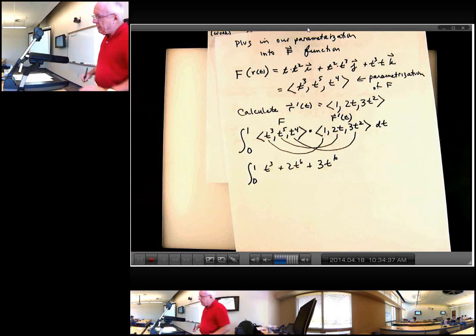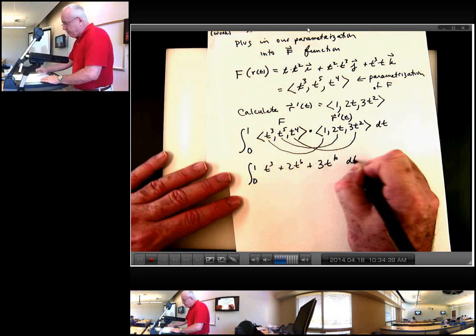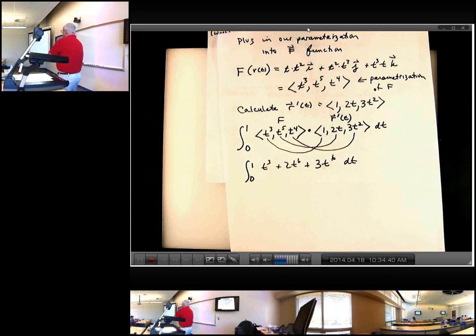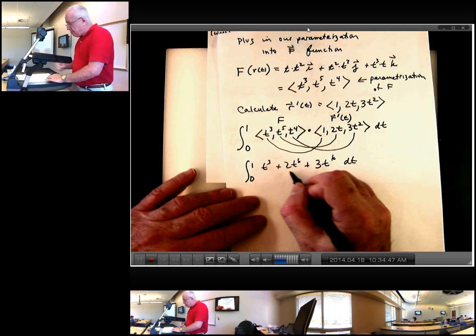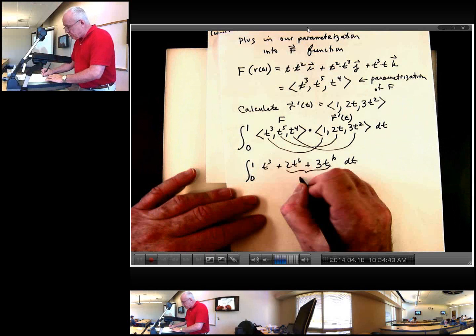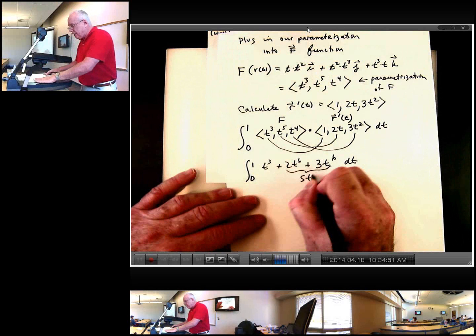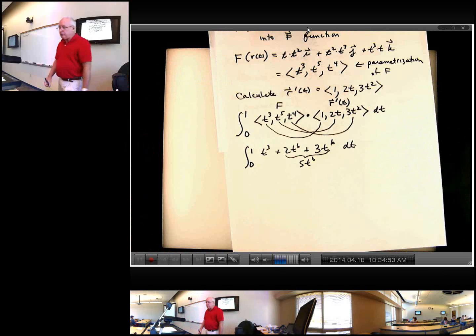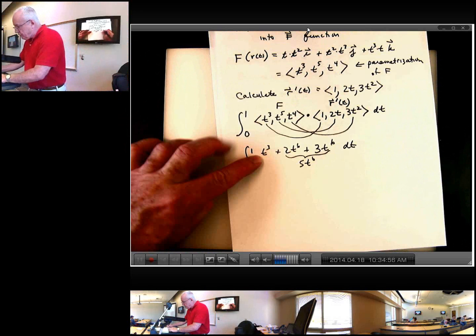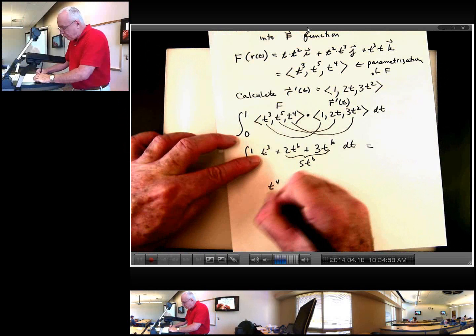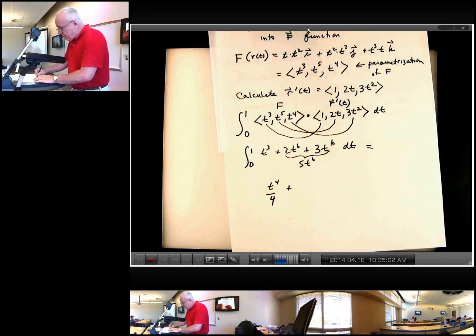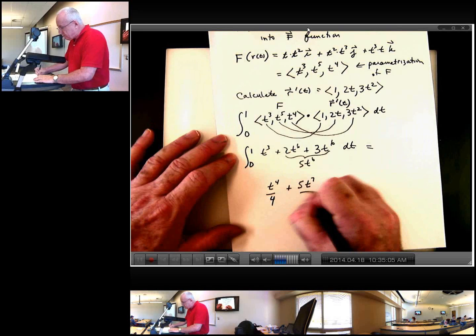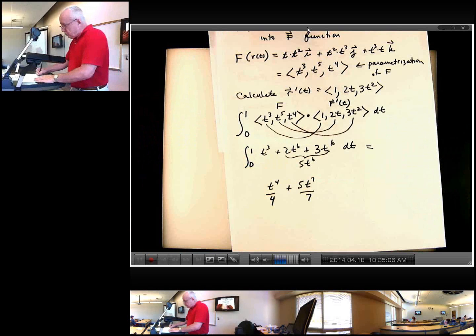And this is all dt. So we end up getting something that's very easy, hopefully, to integrate. Let's combine the t to the sixth terms, this 5t to the sixth, and do the antiderivative. t cubed becomes t to the fourth over 4. 5t to the sixth becomes 5t to the seventh over 7. And my limits are from 0 to 1.